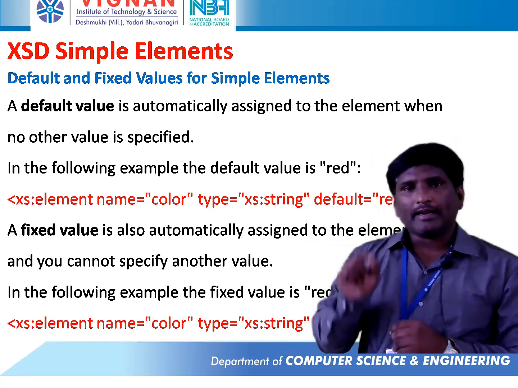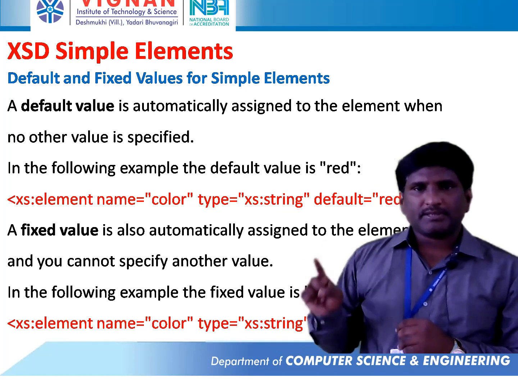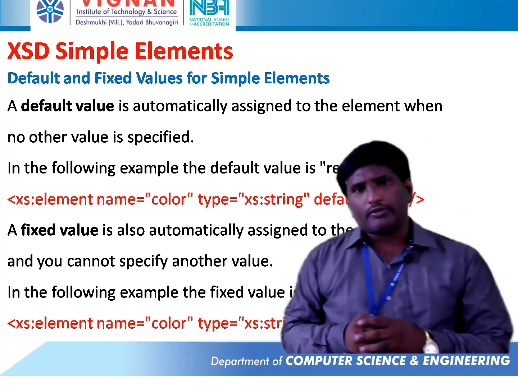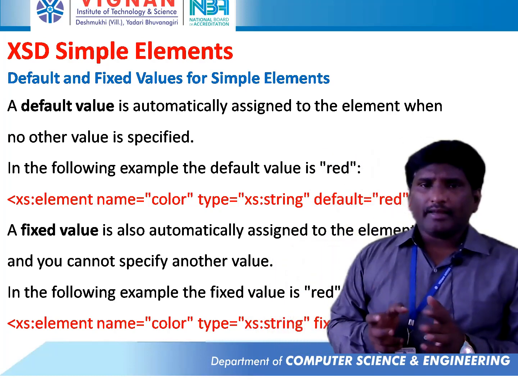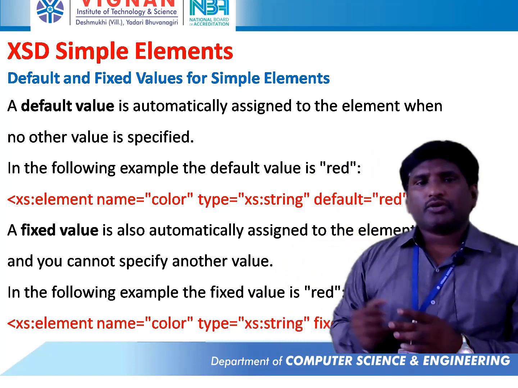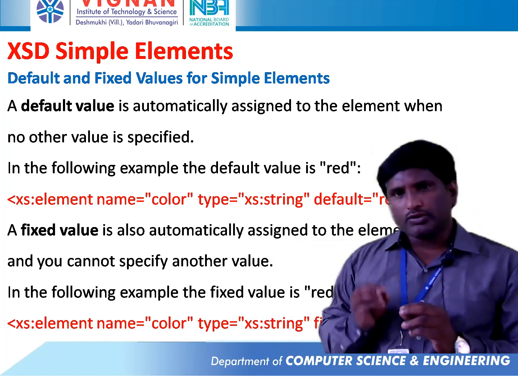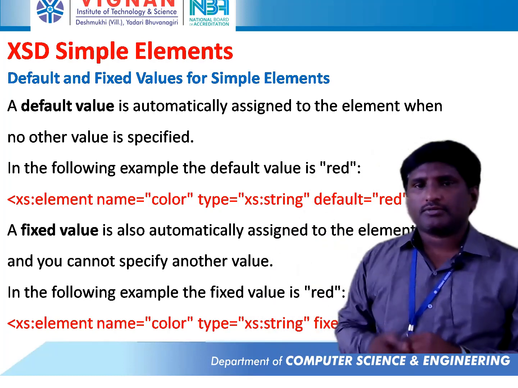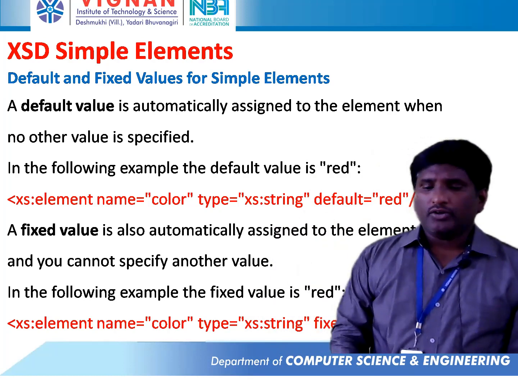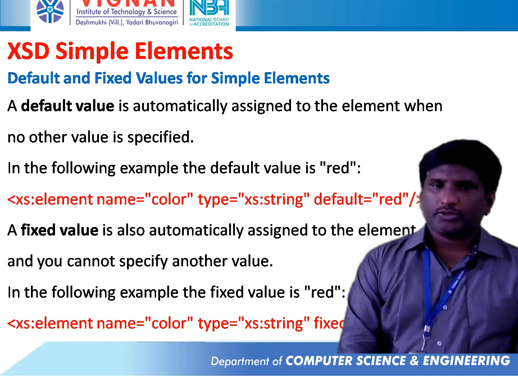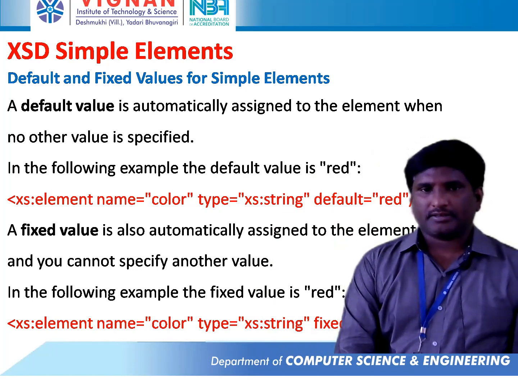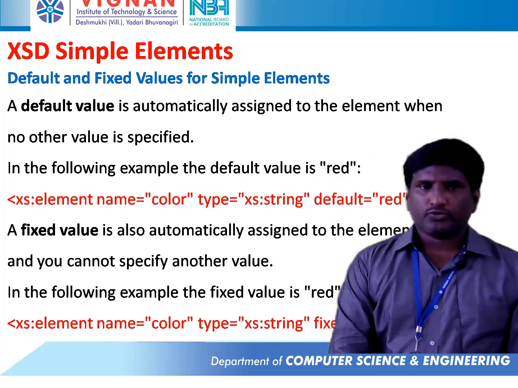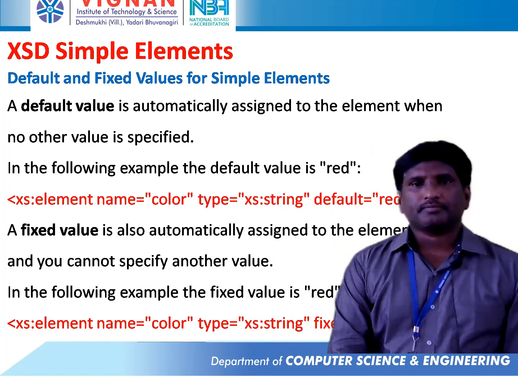Also we can specify a fixed value, which is also automatically assigned to the element. You cannot specify another value. If you want to use fixed, that is red, you use fixed instead of default, so that we cannot add another value. If you use a fixed value, no other values can be added.